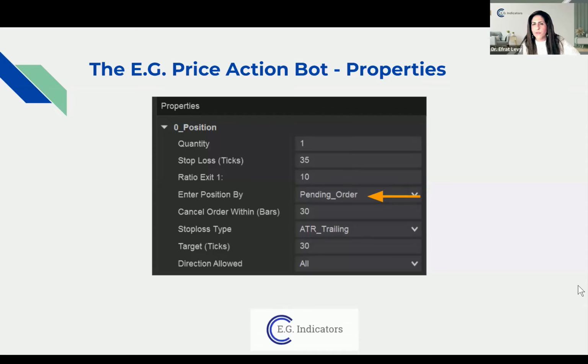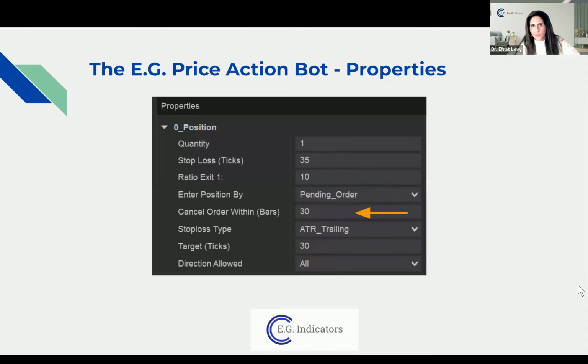Remember, the bot trades around the trigger points. So pending order necessarily means that the order is placed on a trigger point level. Market order means that given a price action signal, which can be far from the level, it enters by a market order.